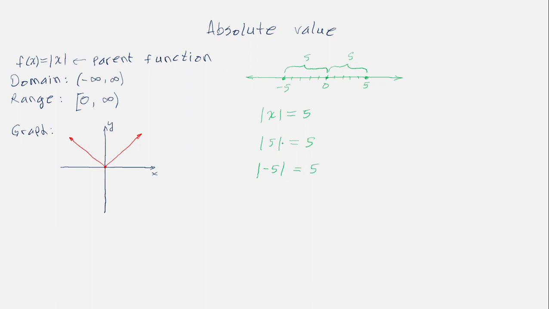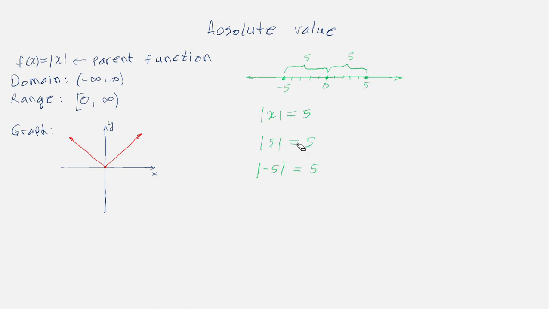We can also think of it this way. Whatever is inside the absolute value, whatever is inside of these two vertical lines, in this case a 5, is going to come out non-negative. It has to be 0 or positive. So if this was a 0, it will come out as 0.